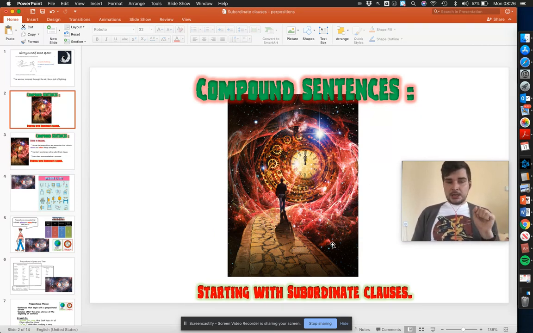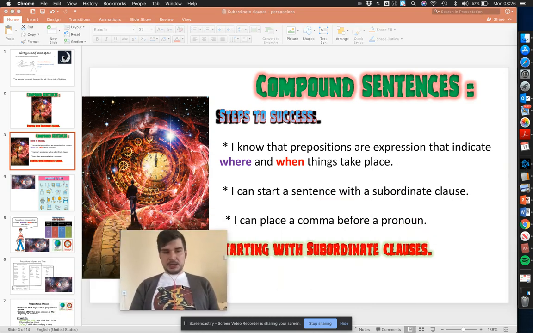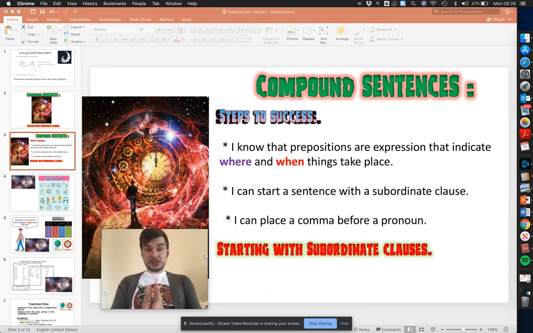So we're going to start with subordinate clauses at the front, and I will want you to include a preposition, and that will tell me about time and space. Ooh, spooky. So let's have a quick look at our success criteria. Our success criteria today, the steps to success under many, many names over the years.